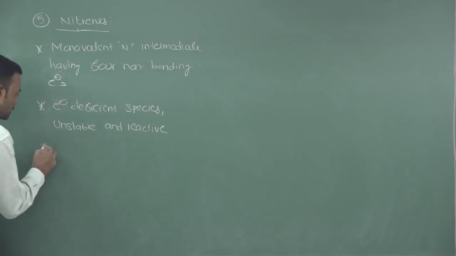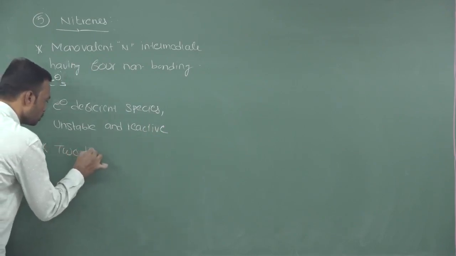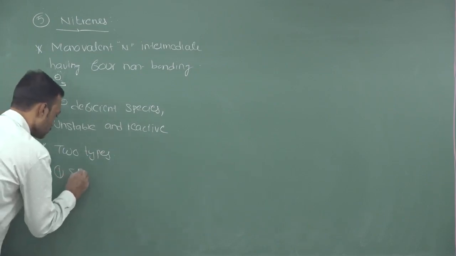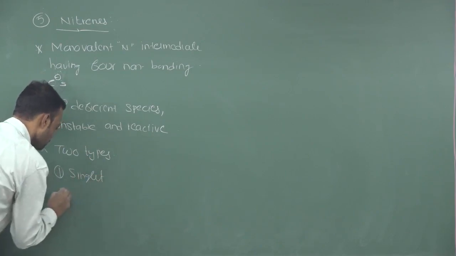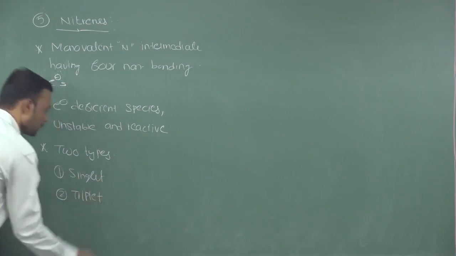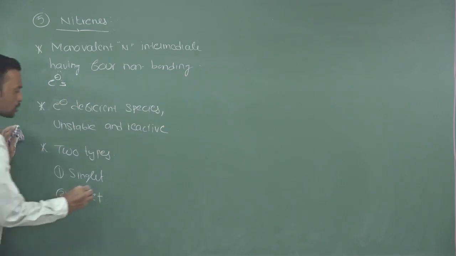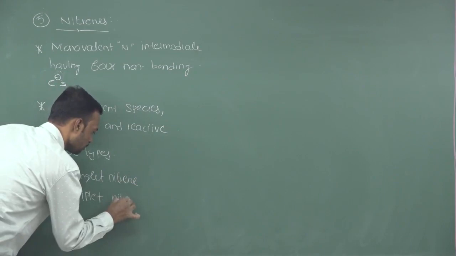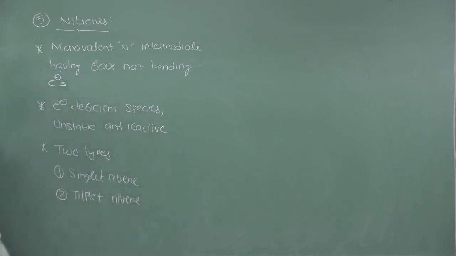So, generally nitrenes are classified into two types, similar to carbene. First singlet nitrene, followed by triplet nitrene. Nitrenes are how many types? Two types. Singlet nitrene, triplet nitrene.